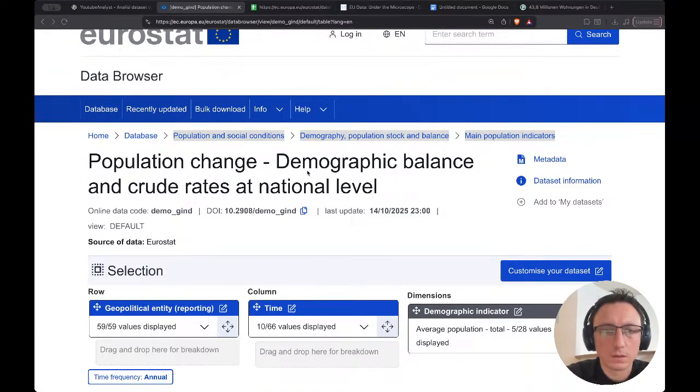It's because the underscore. What the heck? Population stock.